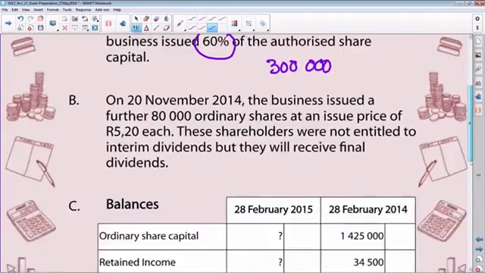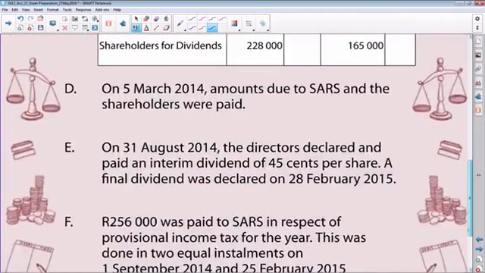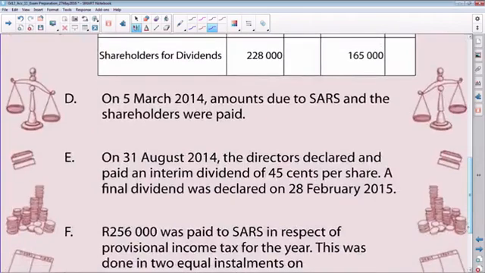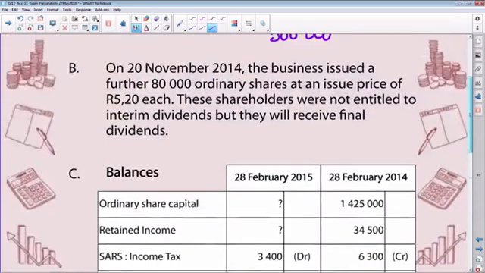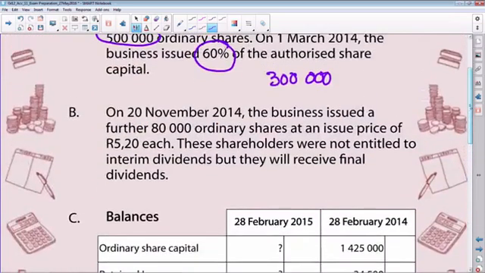Okay, with regards to my dividend, what am I told? I'm told that on the 31st of August 2014, the directors declared and paid an interim dividend of 45 cents per share, right? So, with regards to my new shares, on the 20th of November 2014, the business issued a further 80,000 ordinary shares at an issue price of R5.20 each.